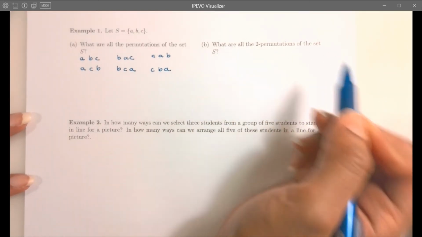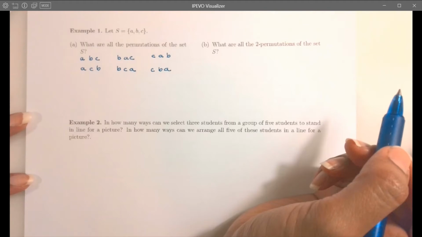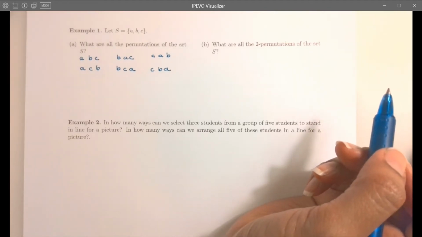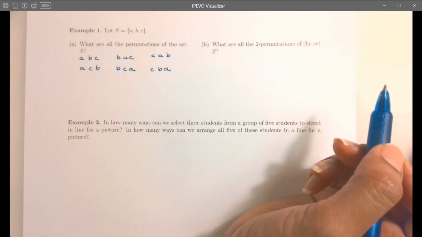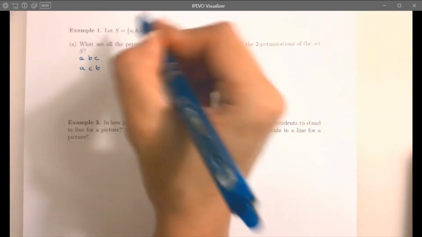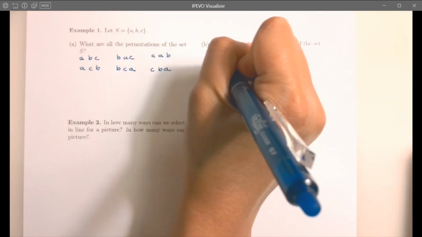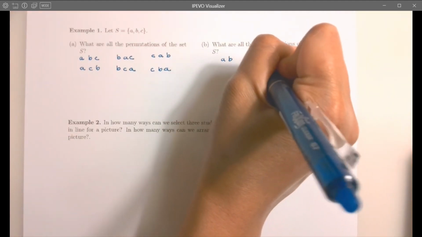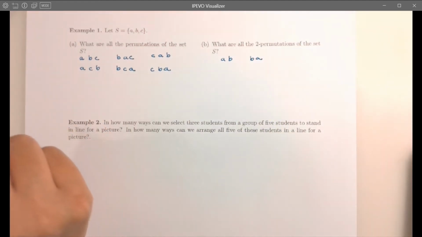Now, what are all the 2 permutations of the set S? Well, first we have to think about what are the different combinations that we can have for those 3 elements, combinations of 2 elements, that is to say. So I could take A with B, for instance, and then that would result in a permutation B with A of those two elements.